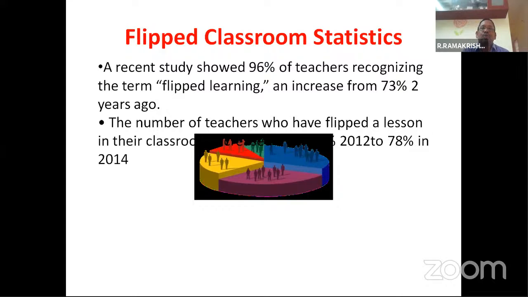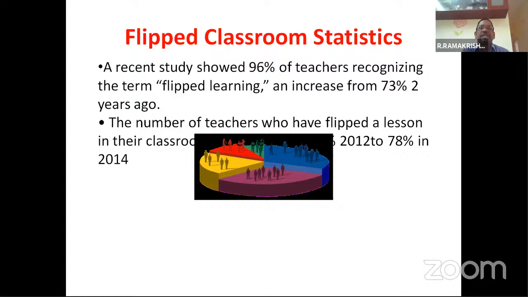A lot of schools and colleges are implementing the flipped learning process. A survey was conducted. This study was not done by myself. It is someone's study; the paper is already published in a journal. Based on that, we have got the information.